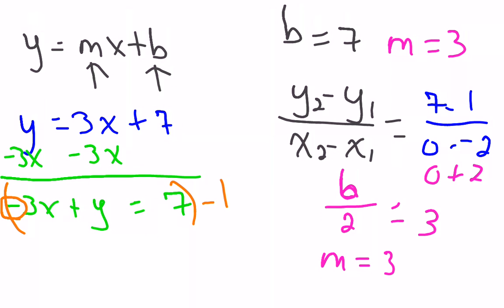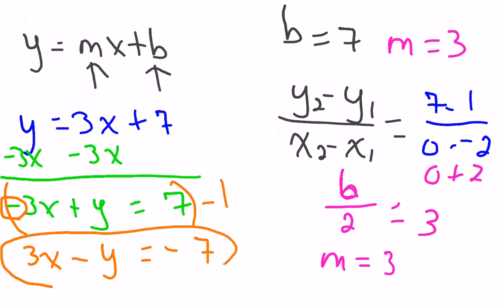Negative 1 times negative 3x becomes positive 3x, negative 1 times positive y becomes negative y, and 7 times negative 1 is negative 7. These are identical, it's just that this one looks a little more desirable because there's no negative at the start. So that would be general form for that one.